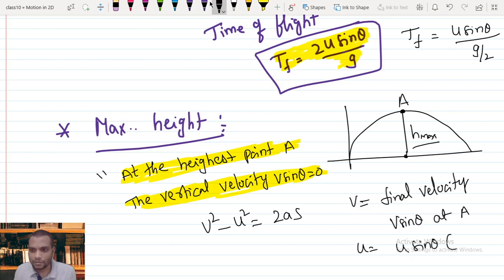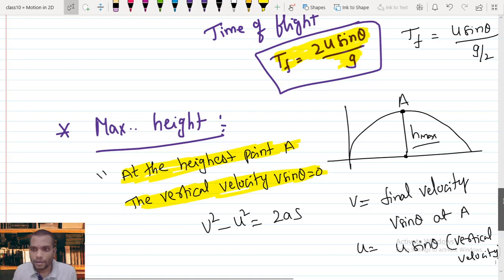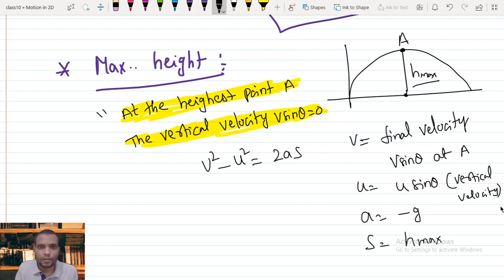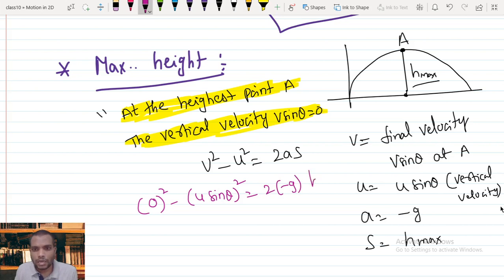The acceleration a is negative g, and s is the maximum height, h max. So substitute this in the third equation of motion: 0 square minus u sine theta whole square equals 2 times negative g times h max.